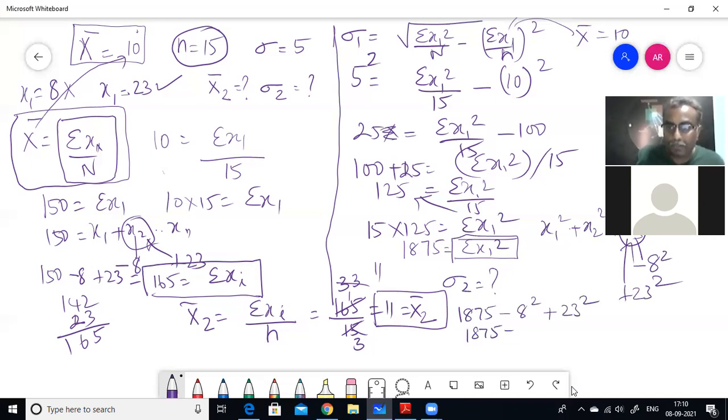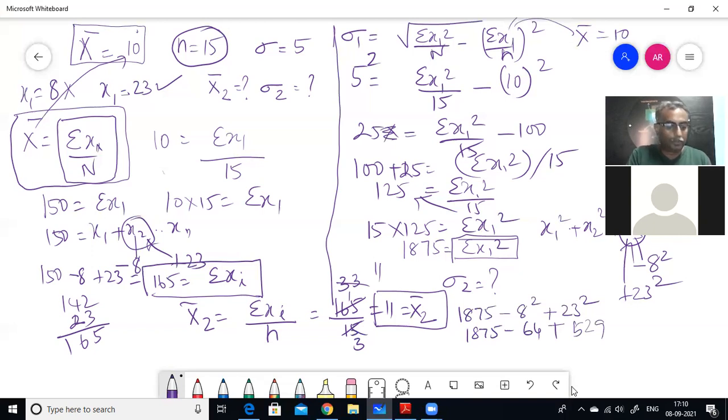1875 minus 64 plus 23 squared. How much is 23 squared? 529.